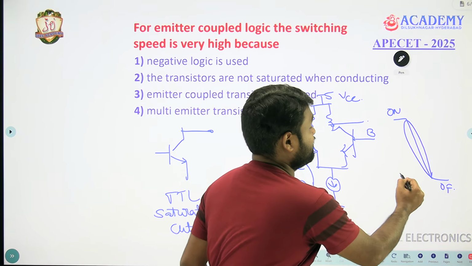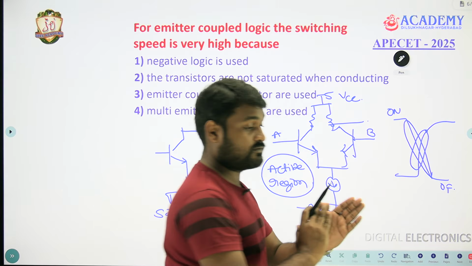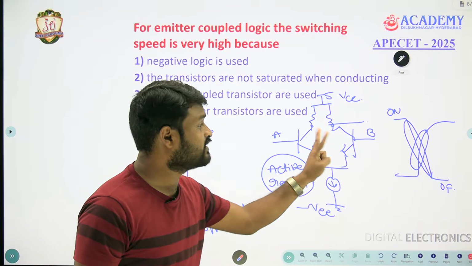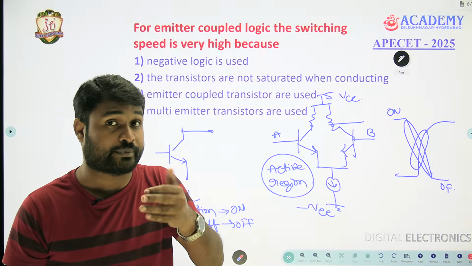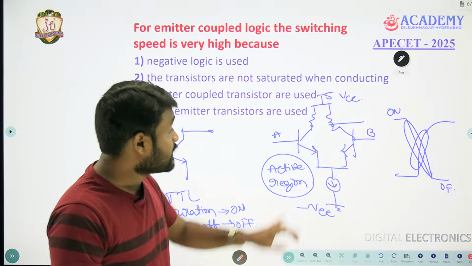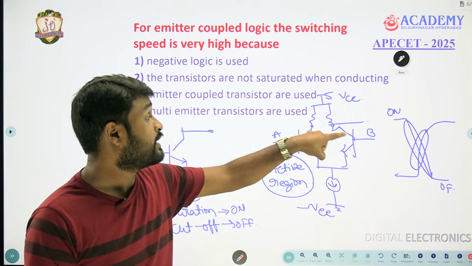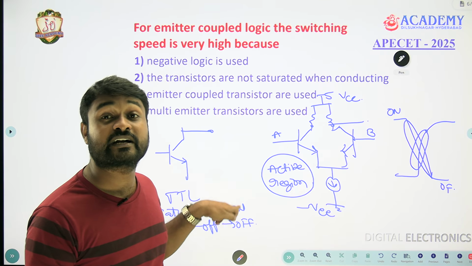But the other transistor will be in this condition, so they will be operating between these areas. One is on, one is off. Making on and off between these two is very easy, dead easy, like an op amp comparator. That's why it can operate faster, because they operate in the active region, not in saturation and cutoff.